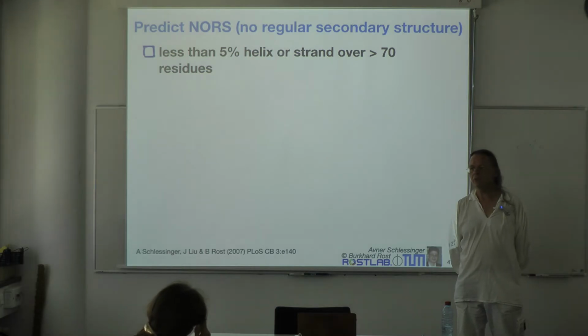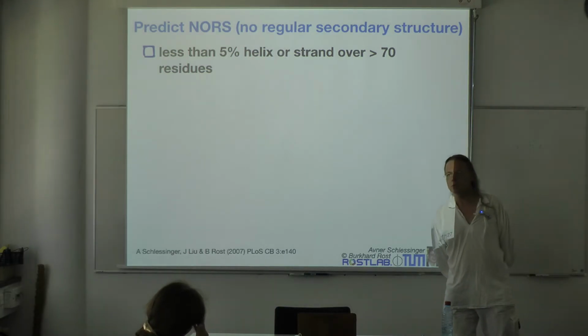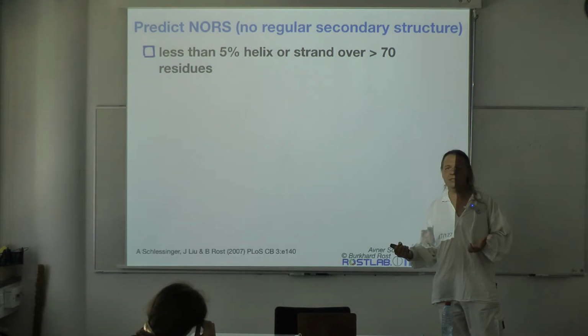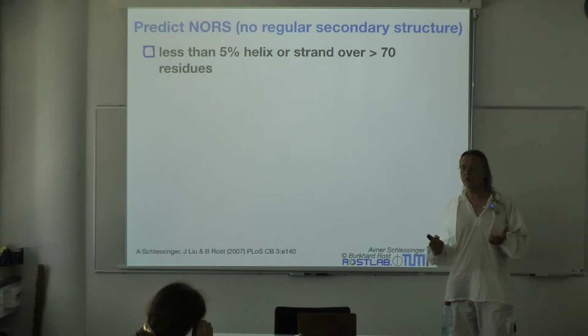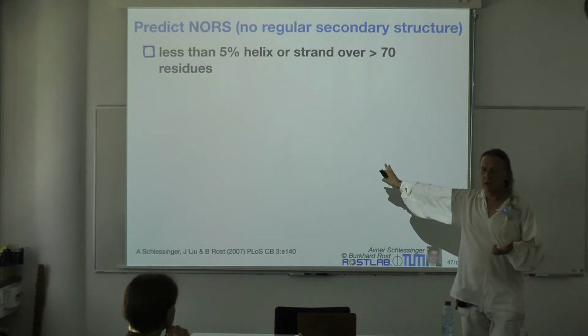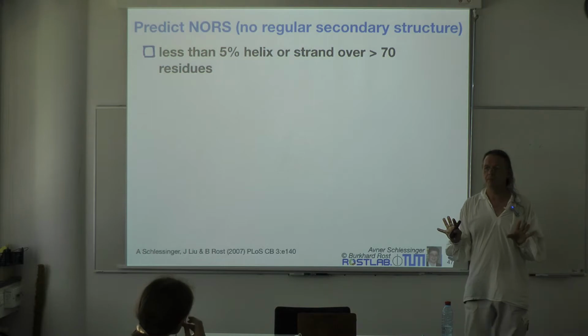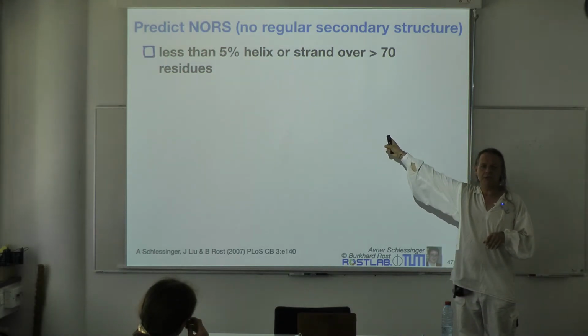What would you put into your positives and your negatives? Your positives are things that you know have disorder, and your negatives are things that you know don't have disorder. Again, I'm building a method without knowing disordered proteins. I only know this.